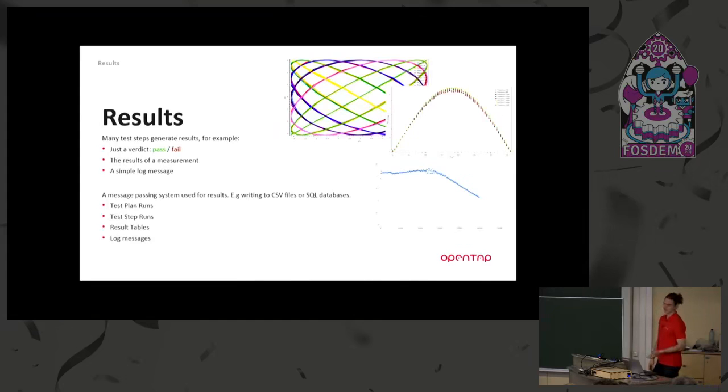Or it could be a simple log message. We have a message passing system with specific rules for how results flow through the system, to make sure that results are processed in the most optimal way and don't block the test plan execution time, but are shipped away on different threads to be processed as efficiently as possible.